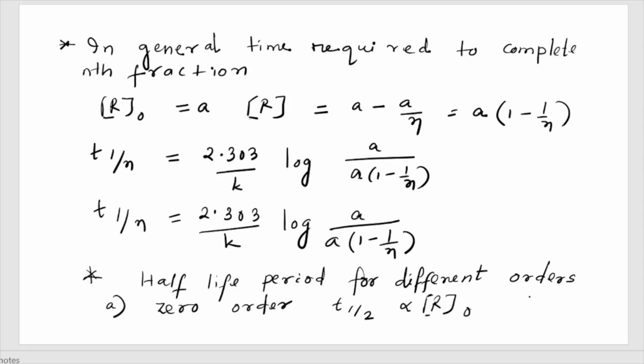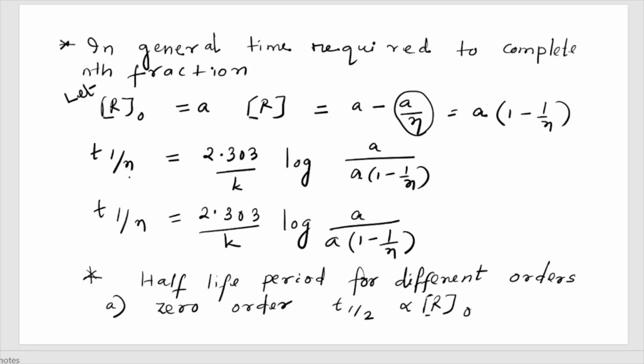Similarly, for a general nth fraction, just now I told 1 by 2, 1 by 3, 3 by 4, like this. Here you will see the nth fraction. R0 equal to a, small a, remember. R0 is the initial concentration and R is the final concentration. Then you put the value a minus a by n. Here you take a common, 1 minus 1 by n.